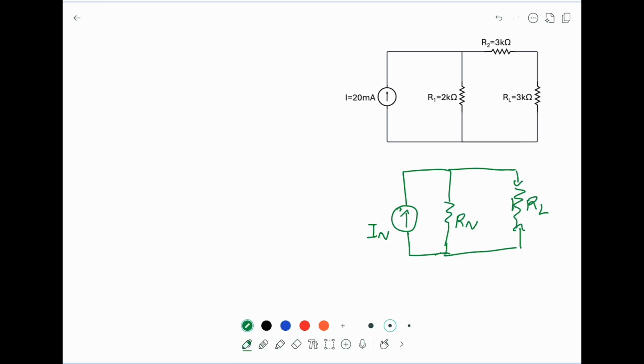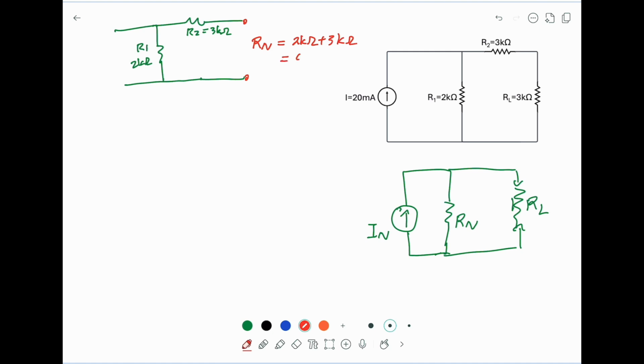So I'm going to redraw this circuit here. So the Norton equivalent resistance Rn is equal to 2k ohm plus 3k ohm and equal to 5k ohm. And this is exactly the same as the Thevenin resistance.